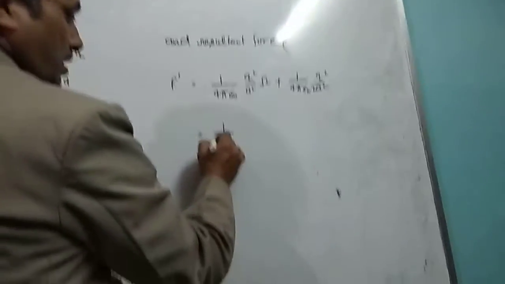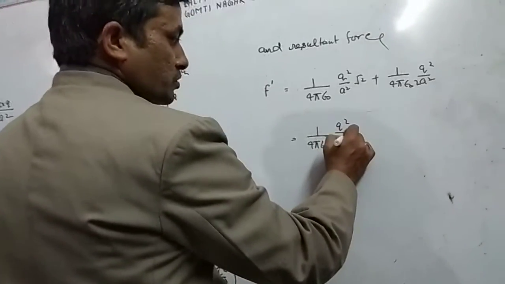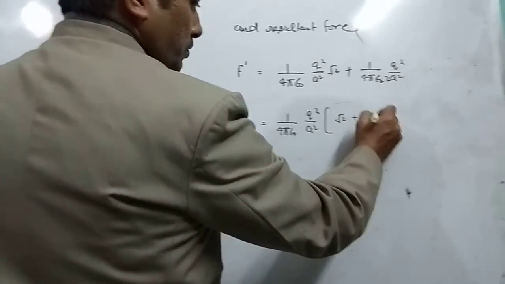This is 1 upon 4 pi epsilon naught Q square upon A square into root 2 plus 1 upon 2.